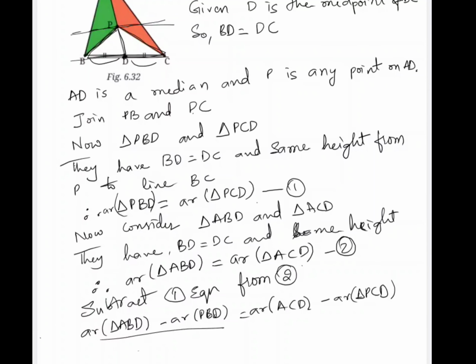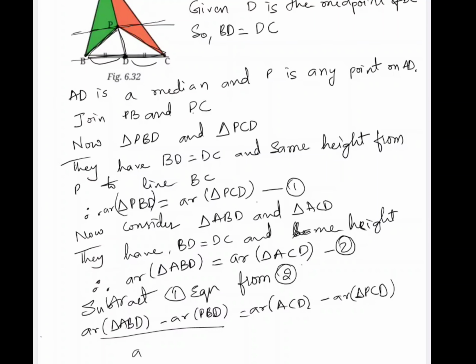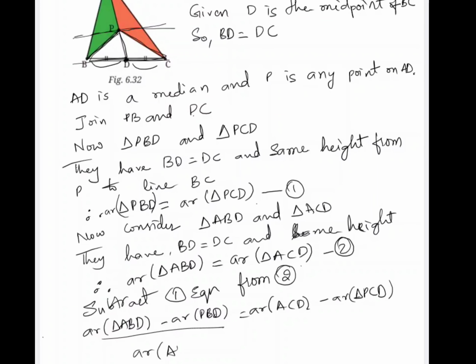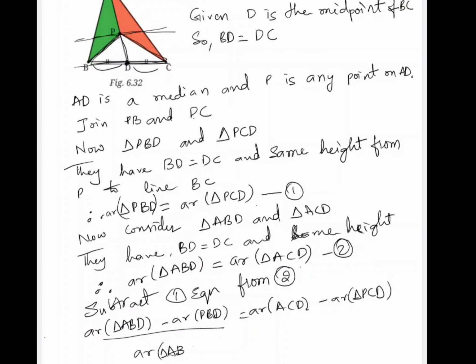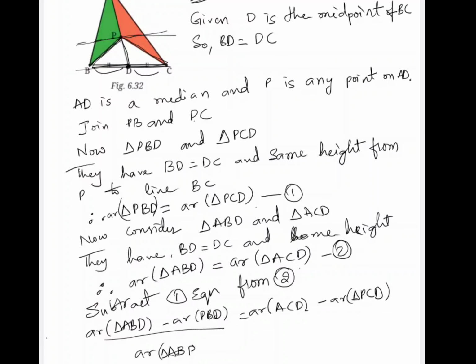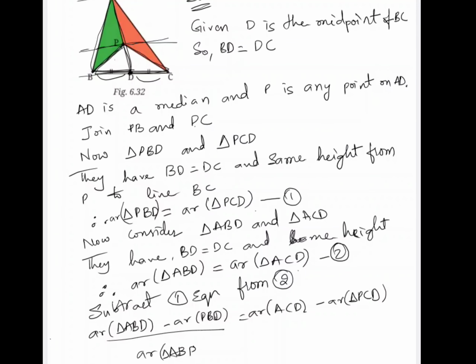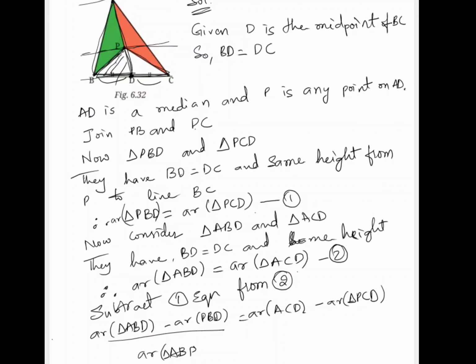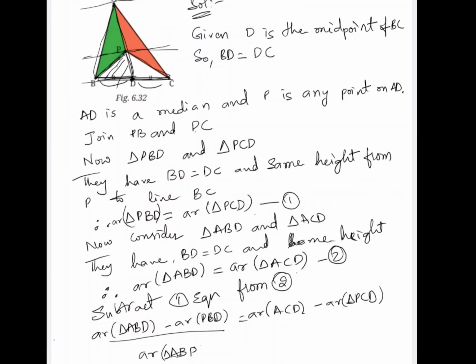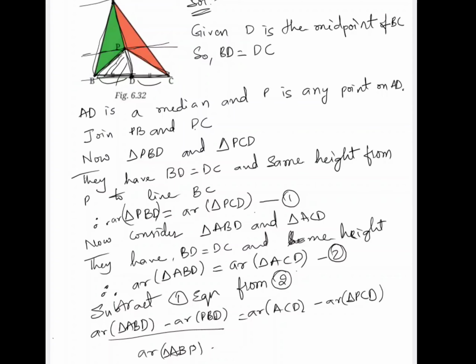So here for this, if we subtract, we will get area of triangle ABP. What we have subtracted from ABD, we have subtracted this PBD. So we got ABP or APB, you can say.